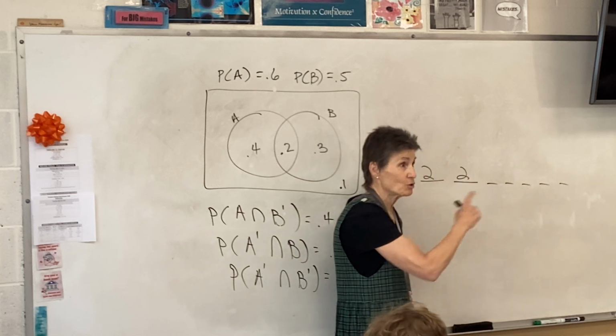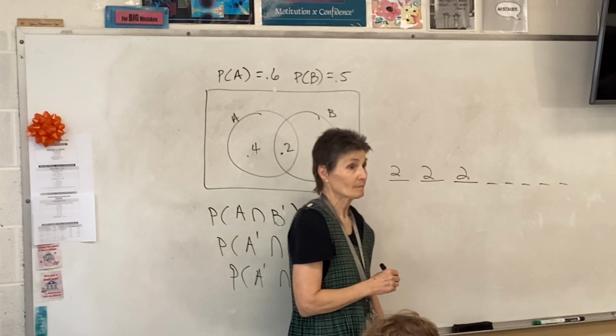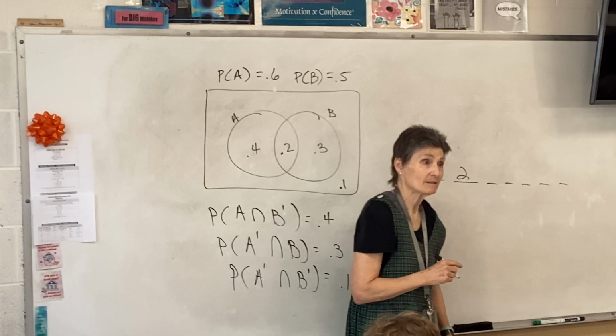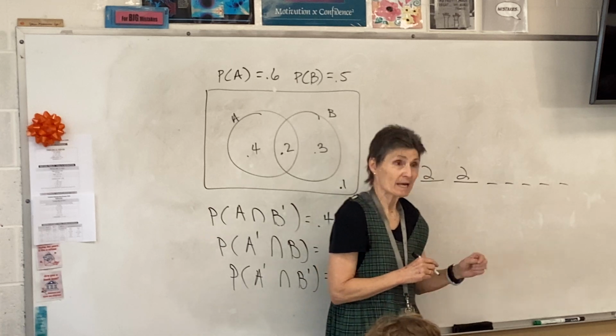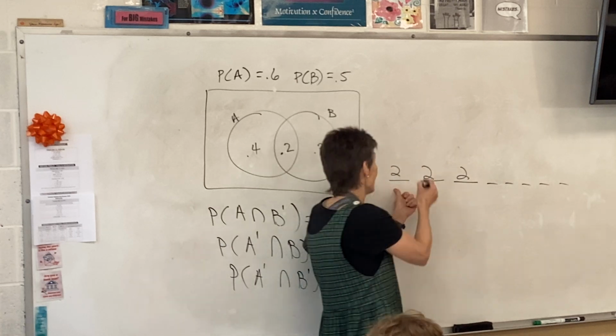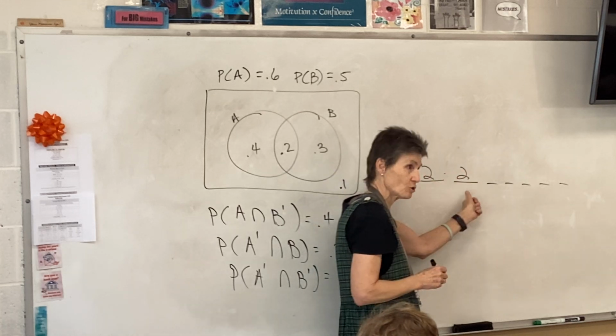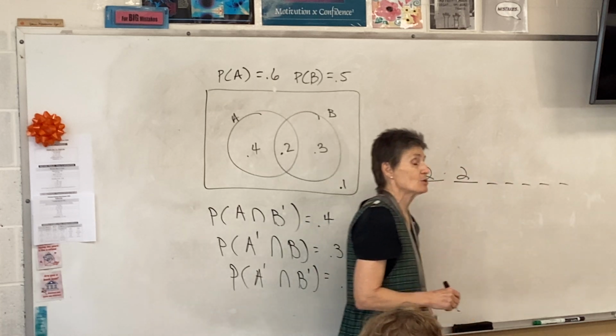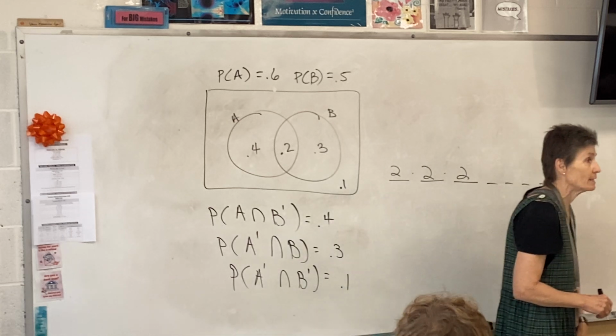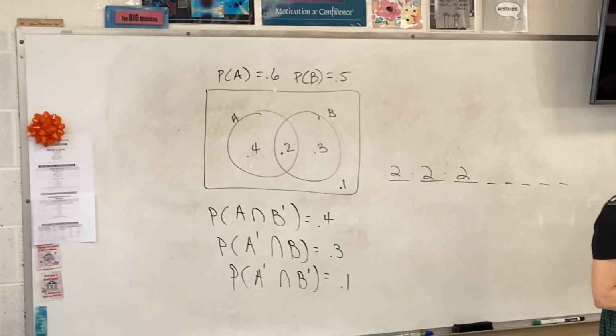Don't all those have 2 options each? And when I sit down to take the test, I am going to answer question 1 and question 2 and question 3 and so on. So how many ways can I answer an 8-question true-false test? 256. 2 times 2 times 2 and so on.